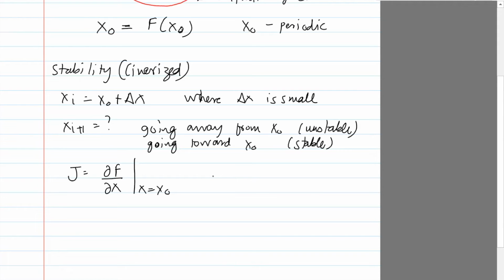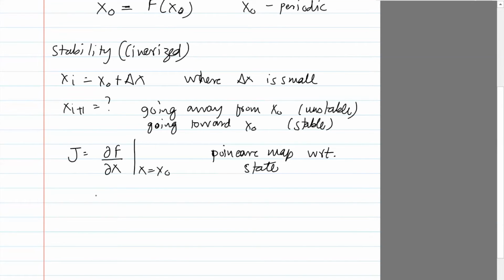If df/dx, or J, is greater than 1, then the system is unstable.